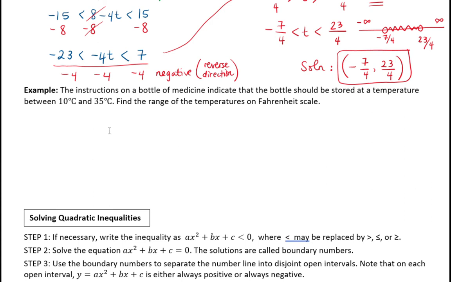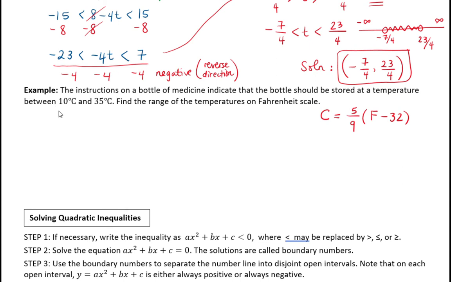Let's say you got a medicine from Europe with that information. Now you want to convert it into Fahrenheit. So you need to know the formula, of course. That will be given in the problems, but you can check that Celsius is 5/9 times the Fahrenheit degree minus 32.